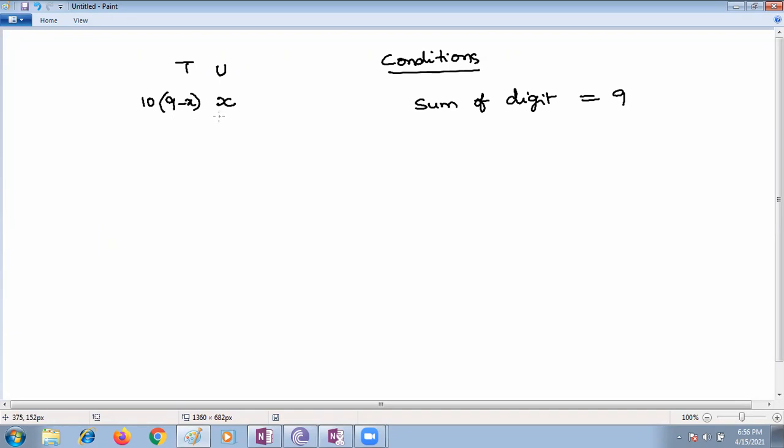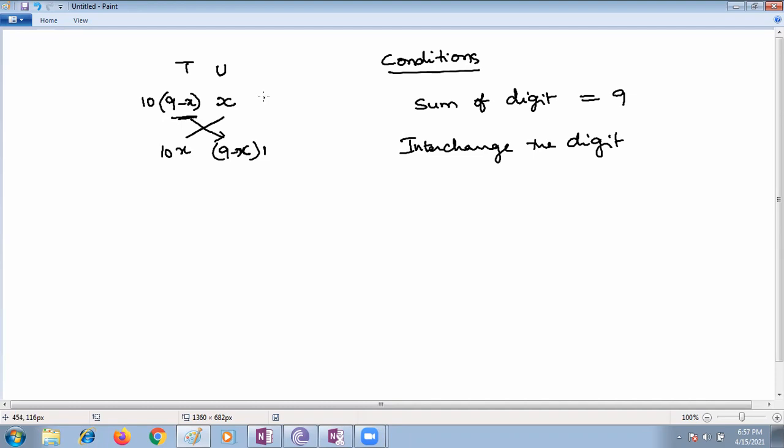The other condition is, if you interchange the digits, this x becomes the tens place, that means 10x, and 9 minus x goes to the units place. Why only 9 minus x? Because if you multiply the units place with 1, you get the same.